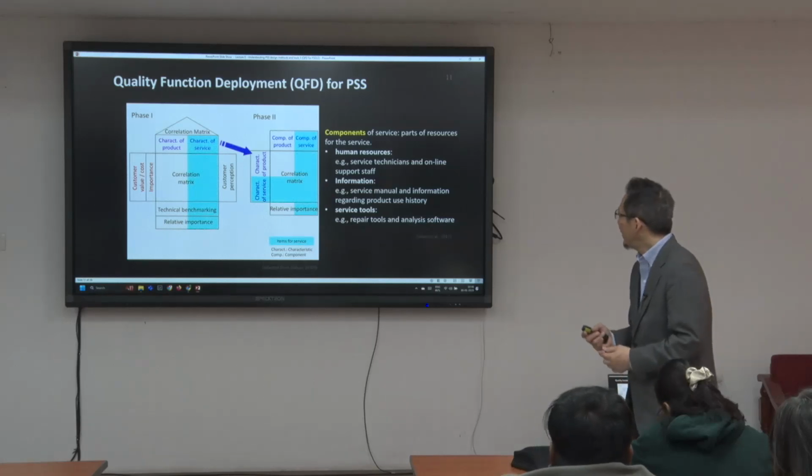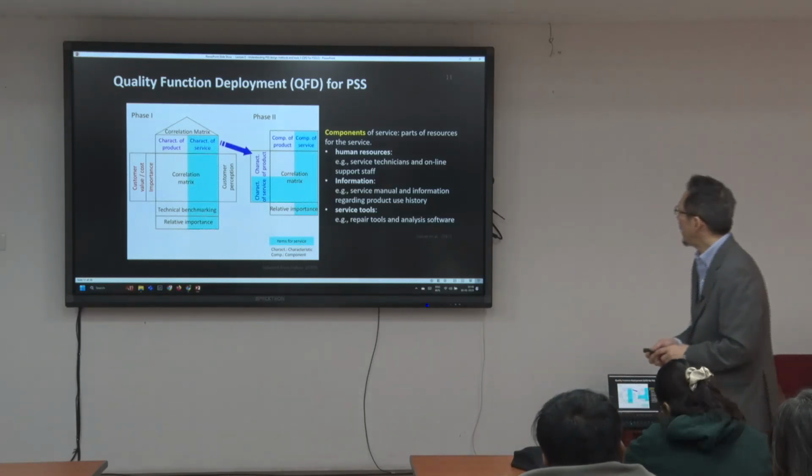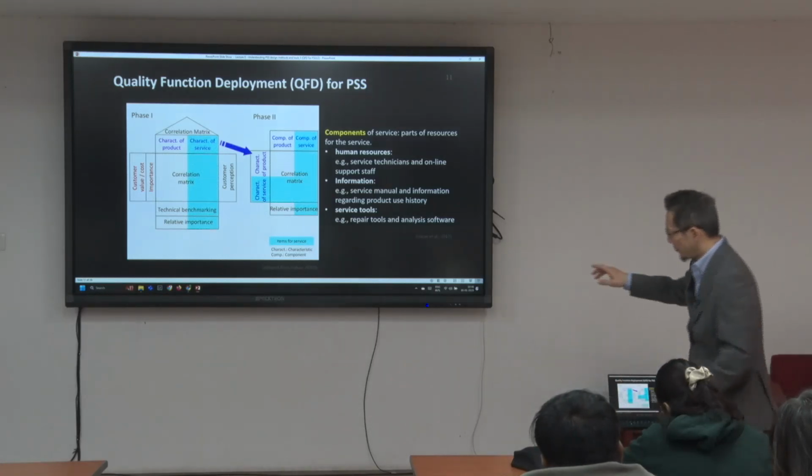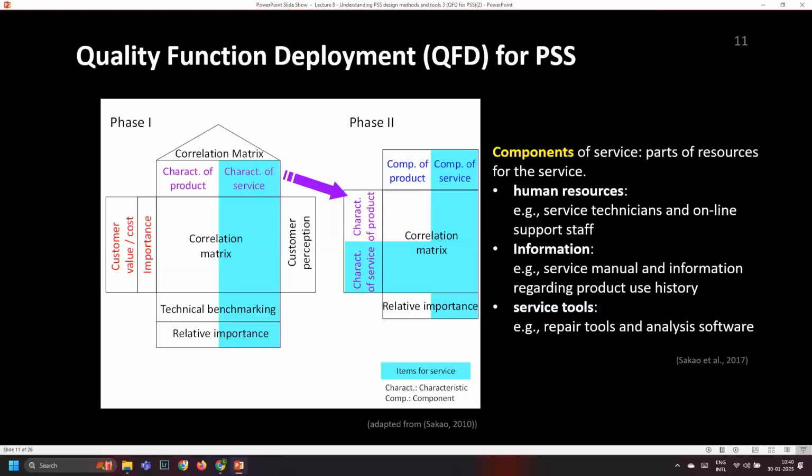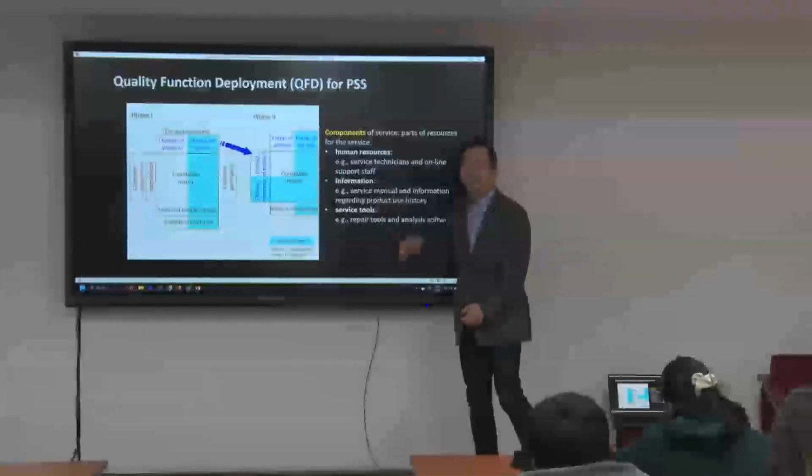I would say such an app is primarily a kind of service tool. But what is a bit complicating is that such an app typically uses information, and that information should be the type 2.